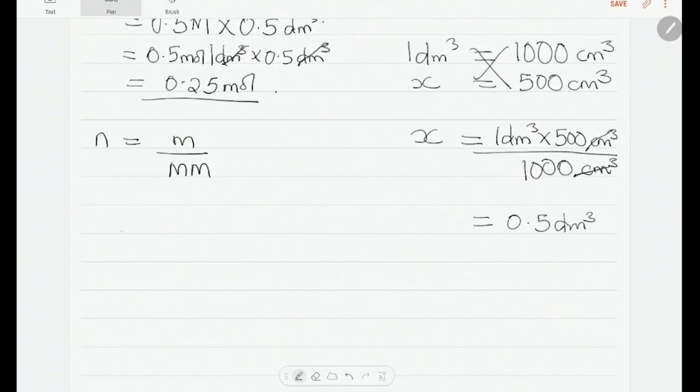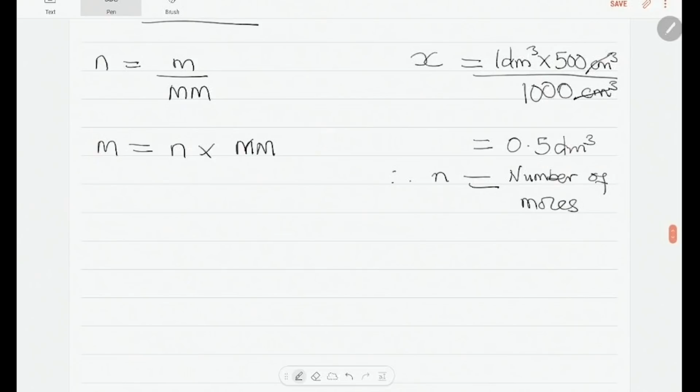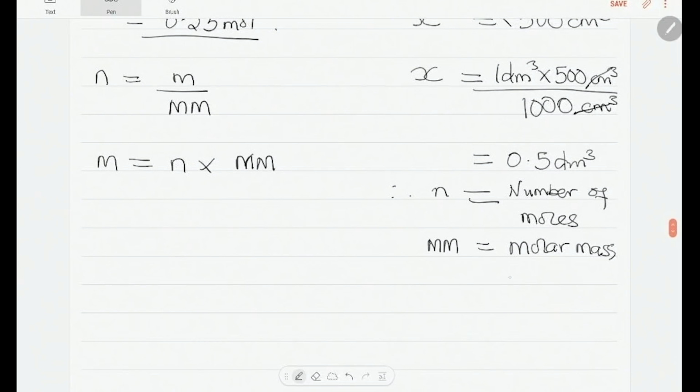So M will be equal to N multiplied by MM, where N is the number of moles and MM is the molar mass of copper 2 oxide.